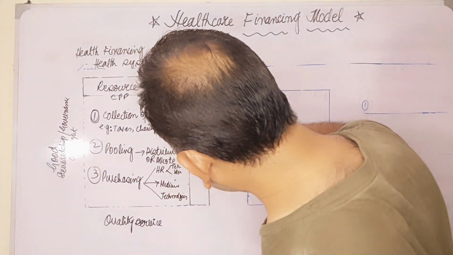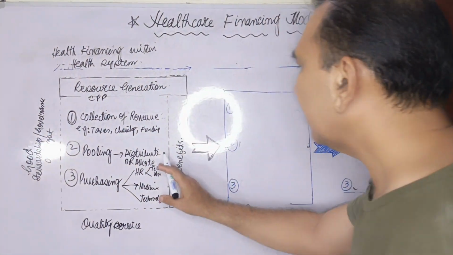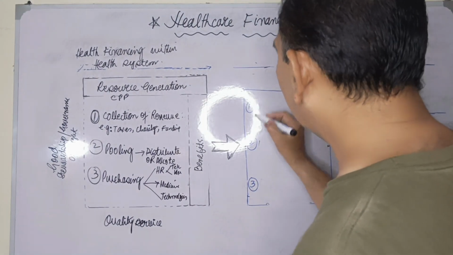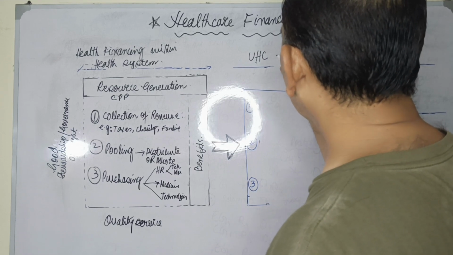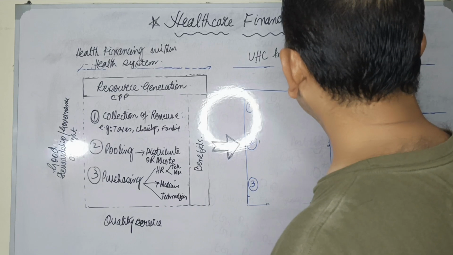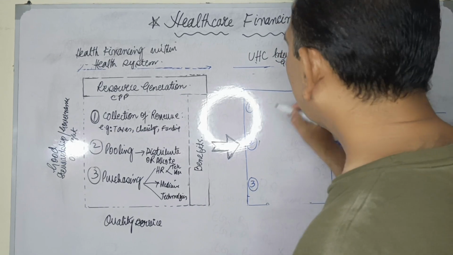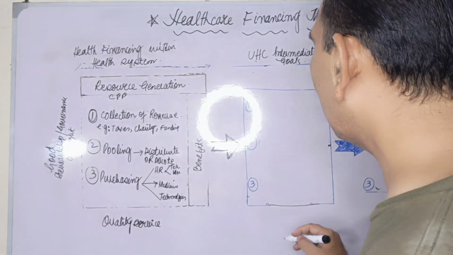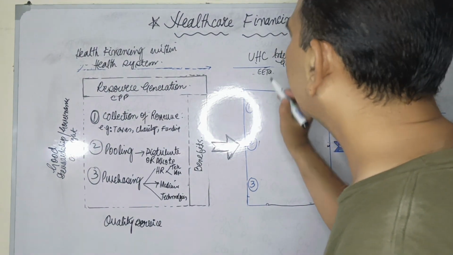So what benefit will the community get from these three mechanisms? The middle pole of the healthcare financing model is the universal intermediate goal. You will achieve intermediate goals during the process of the healthcare financing model, and you should keep in mind ETTA.